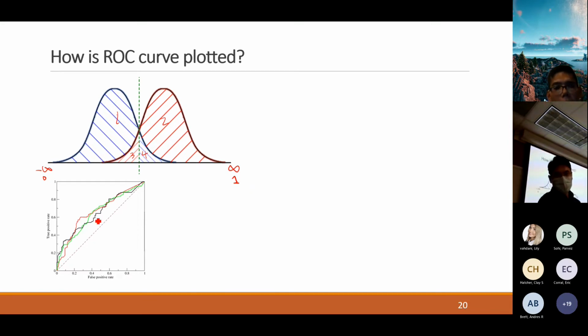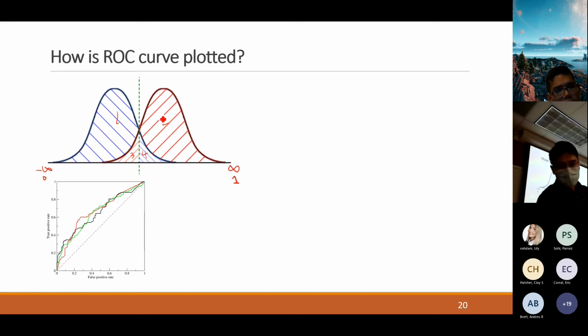So what are these lines called? The classification threshold? Yes. Or decision threshold. So let's derive these points based on this. First of all, red lines going in this direction will mean positive outcome.